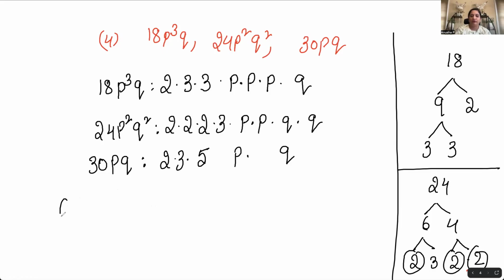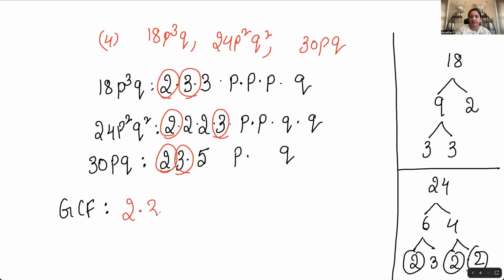Now we have to find the greatest common factor of the three monomials. In this case, first we have 2 in all the three numbers. So you can write 2. And then we have 3 as a factor in all the three monomials. So we can consider 3.